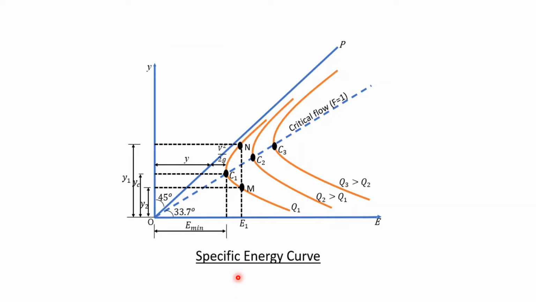Specific energy curve. The variation of E with Y is called specific energy curve. In this specific energy curve, the x-axis denotes specific energy and the y-axis denotes the depth of flow. If both the axes have identical scales, the potential energy line OP will make an angle of 45 degrees with both the axes.